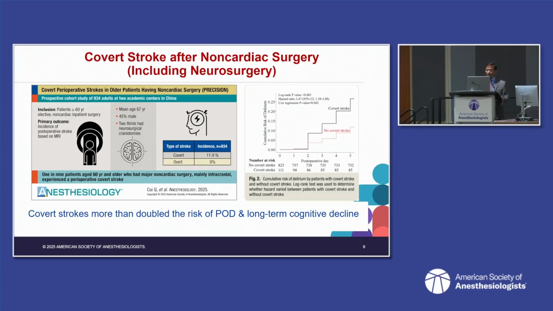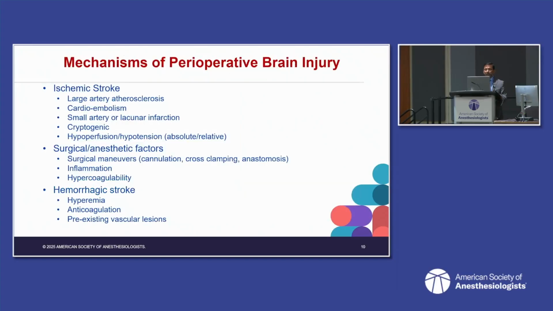Again, having a covert stroke doubled the risk of postoperative decline and cognitive dysfunction in the long term for these patients. So what's obvious is overt stroke is relatively uncommon, fortunately, for the most non-cardiac, non-vascular, non-neurosurgical procedures, but covert strokes are more common than we thought they would be, and it seems like there's an association, at least, with long-term neurological dysfunction.